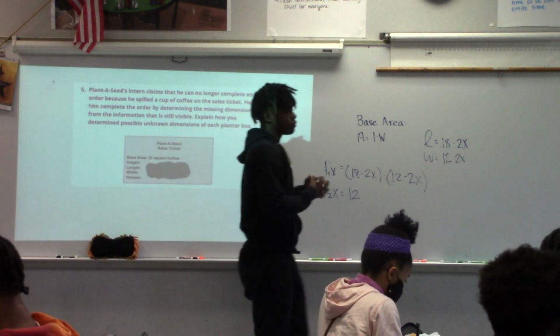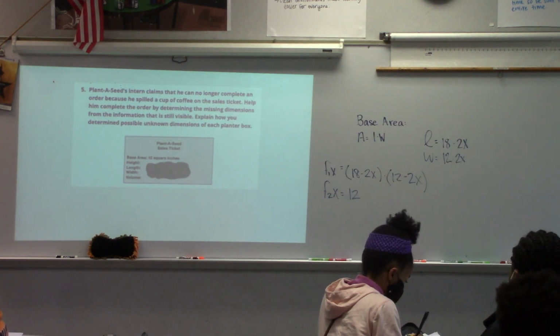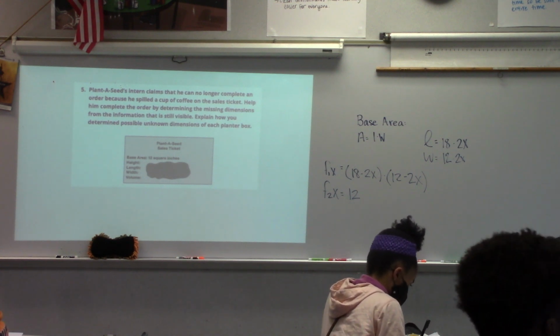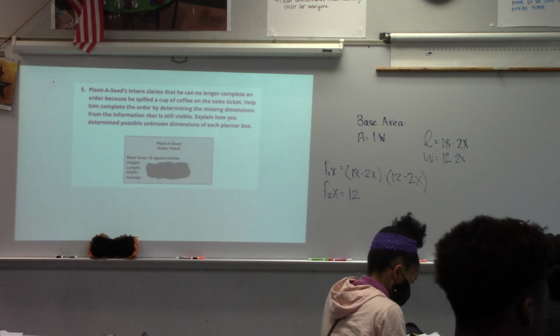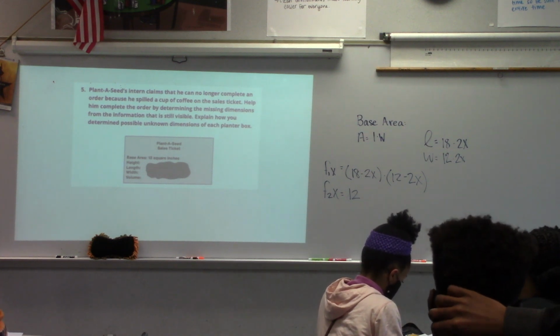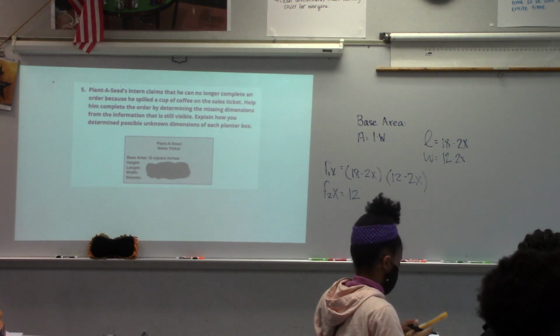So thinking about restrictions, what was I restricted to? Only 6. Okay, so does 9 work? See how when you tried to use that value of 9, it gave you a negative value for width? That ain't happening. That's exactly why you have to consider the context of the problem.